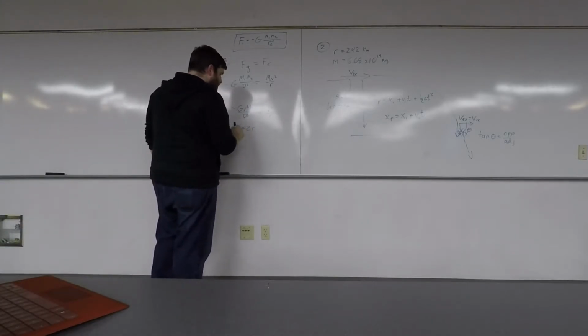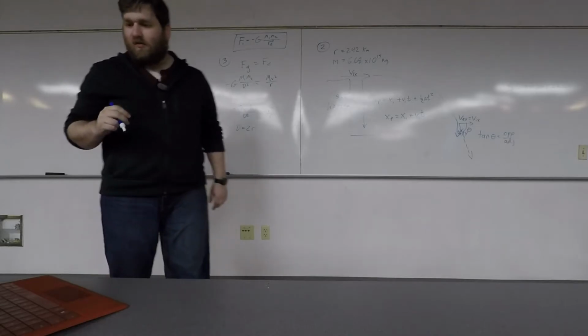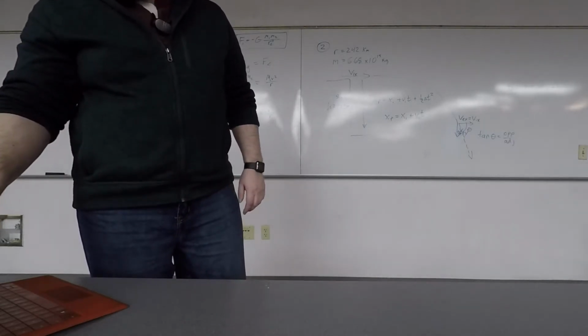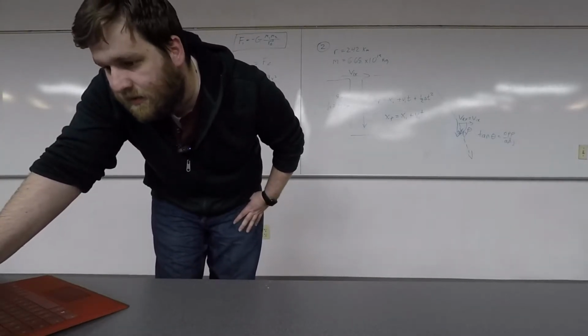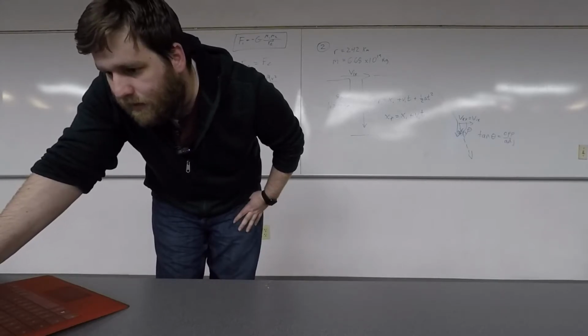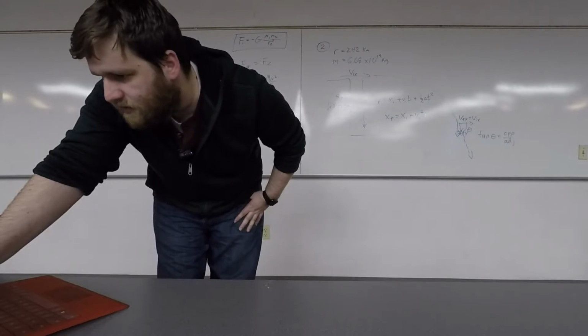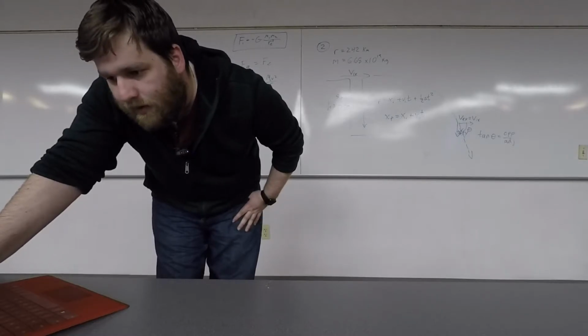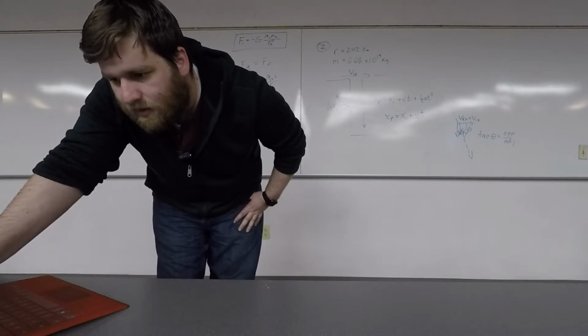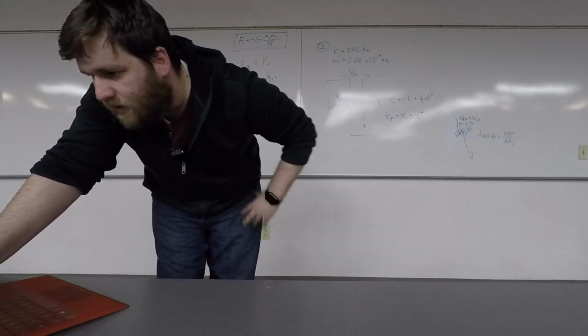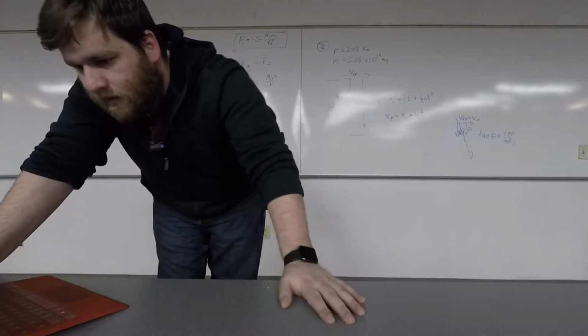Plug that in, and then you are solving for mass. So 2R, so 4R squared, and then you get d squared. So it gives you the period, and it gives you the, okay.